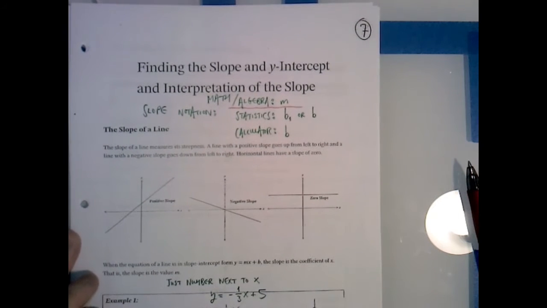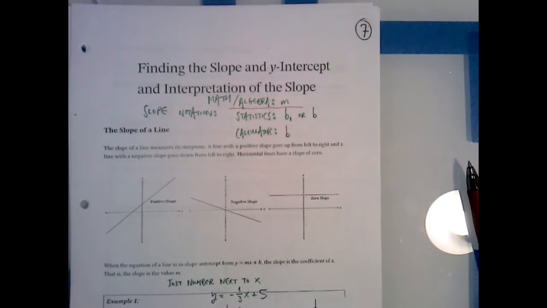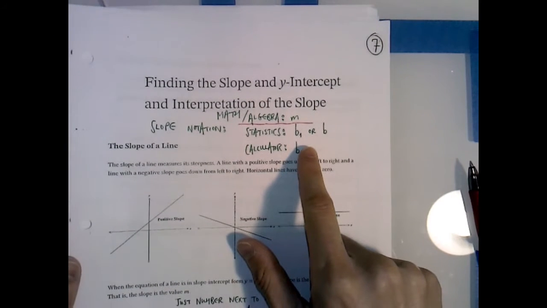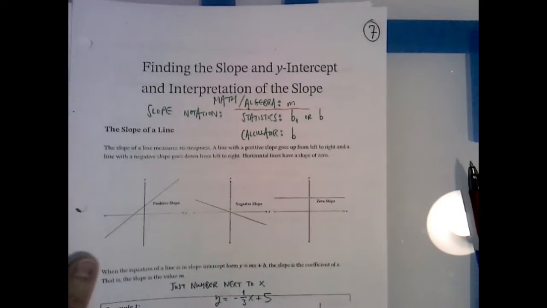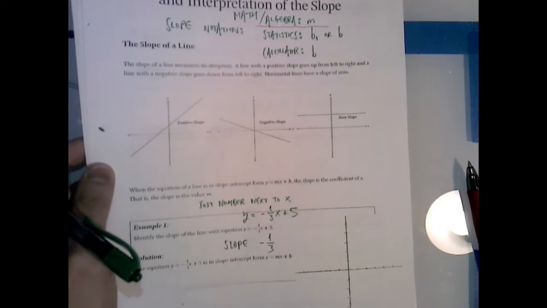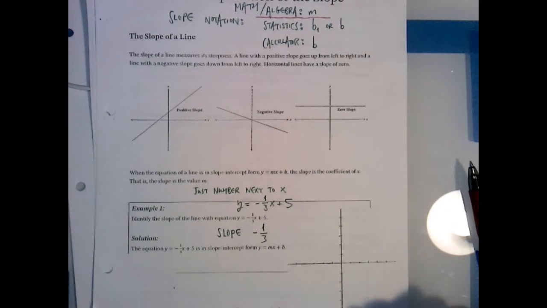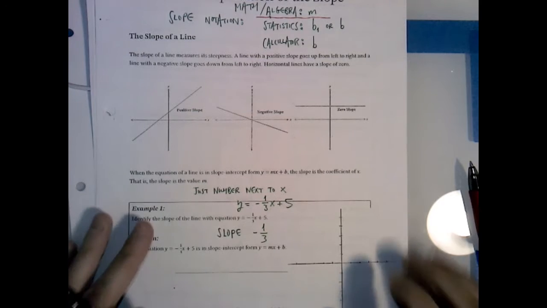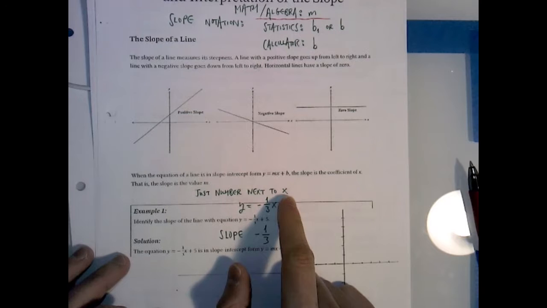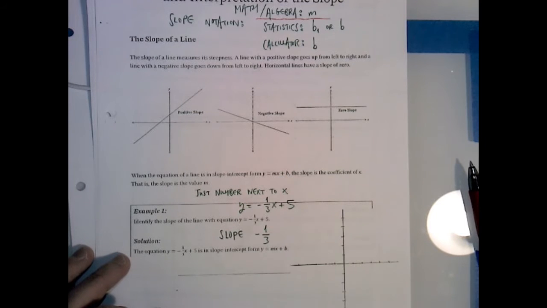Just keep that in mind as you do stats: the slope is b now. But in this video, we're going to use the usual interpretations. If you're ever confused, just remember the number next to x is the slope, and the number by itself is the y-intercept. That's easier to remember. That being said, I want to graph this line now.